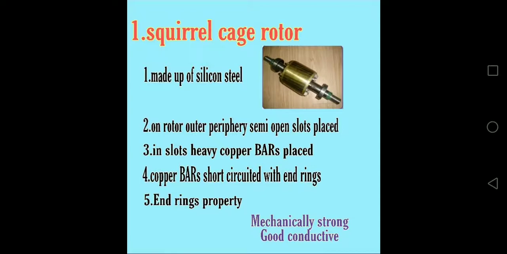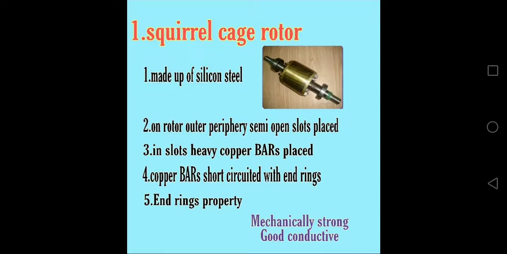In the flux flowing path, low reluctance, high permeability path, so high permeability material has to be used. In a squirrel cage rotor also, it is made up of silicon steel material. Stator core and rotor core, that means squirrel cage rotor core is also made up of silicon steel material.